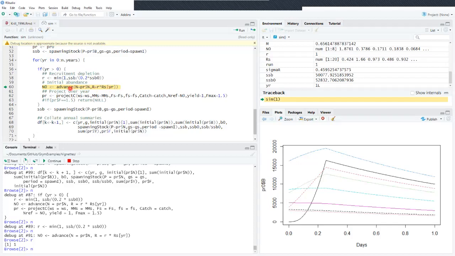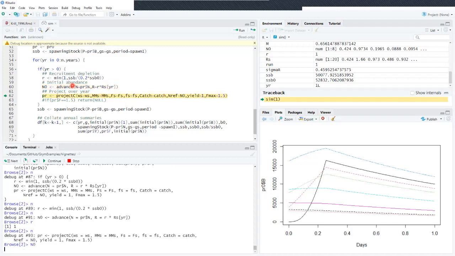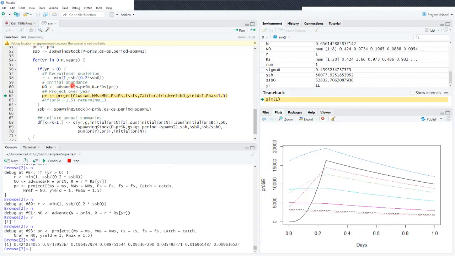It also handles a plus group. If your final group's a plus group, it deals with that neatly for you. So it's not a particularly advanced thing. It just does some really basic stuff and sets up our initial abundance for the next year on.